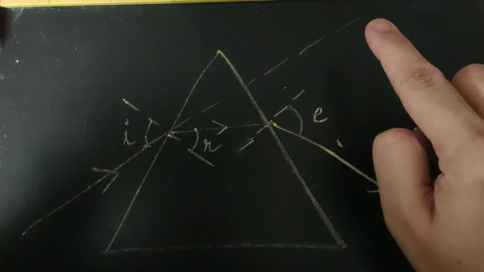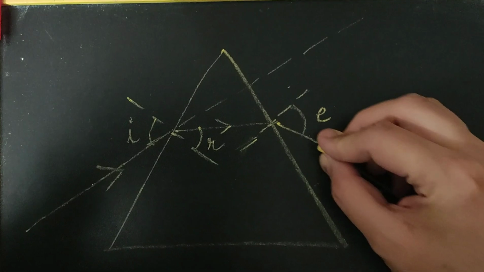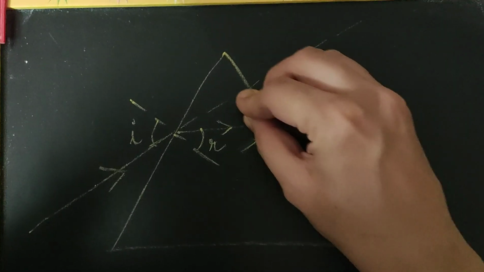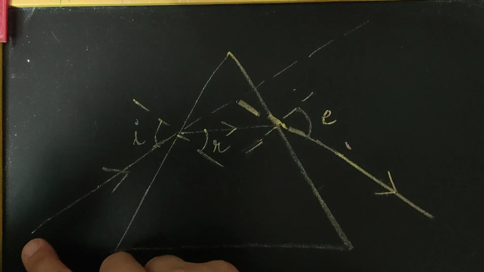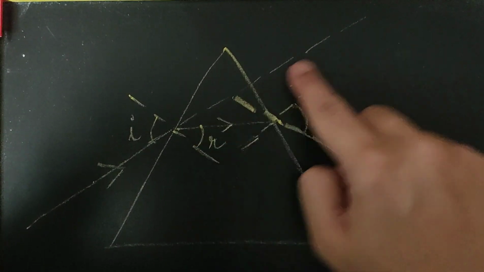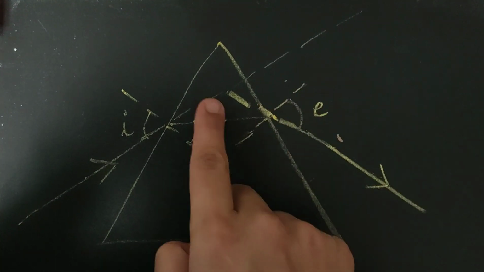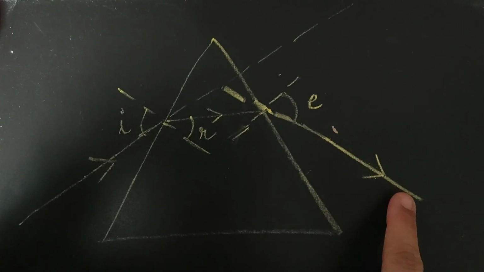So this is the produced forward incident ray and this is the produced backward emergent ray. I again repeat, ये path of light है, अगर prism ना होता तो ऐसे चली जाती light सीधा. And ये path of light है due to the presence of the prism.